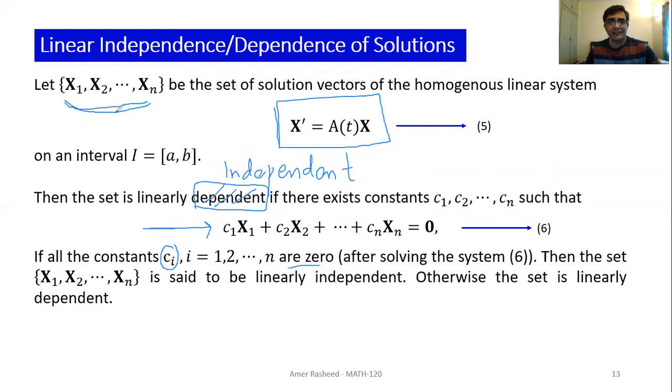Then we say that this set is linearly independent, not dependent.